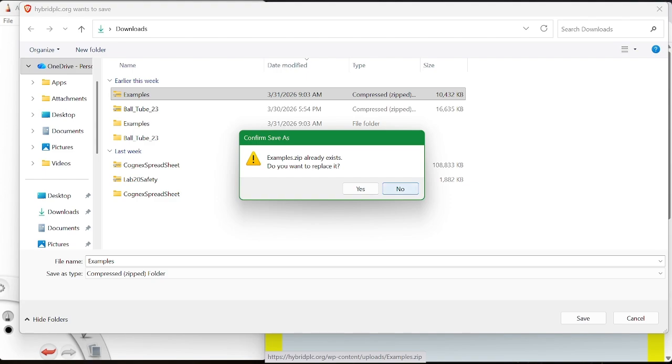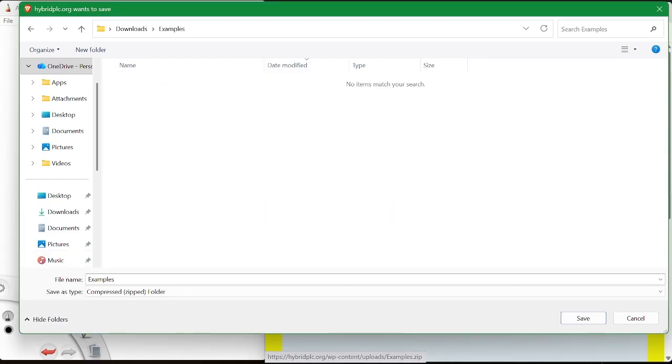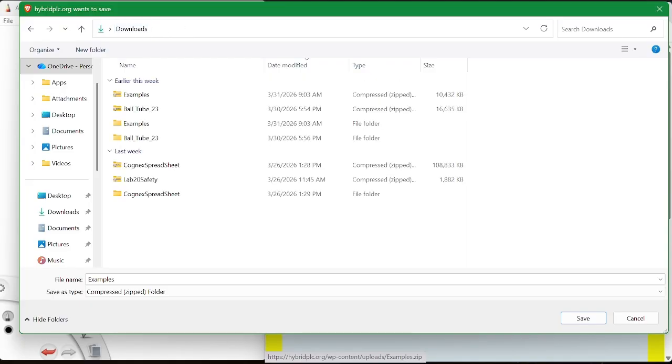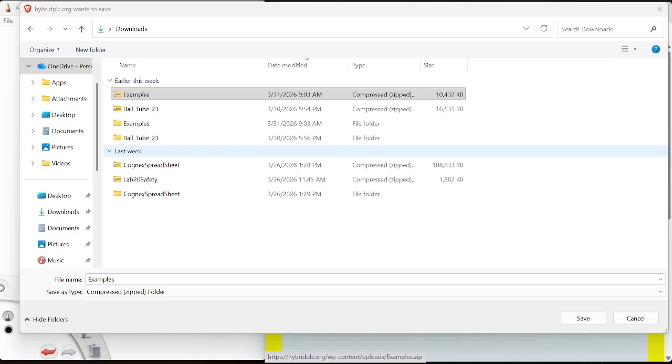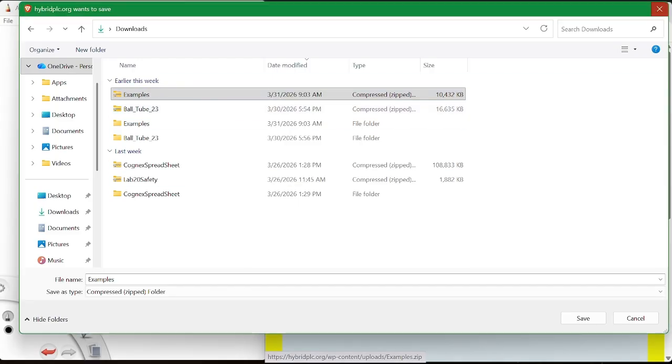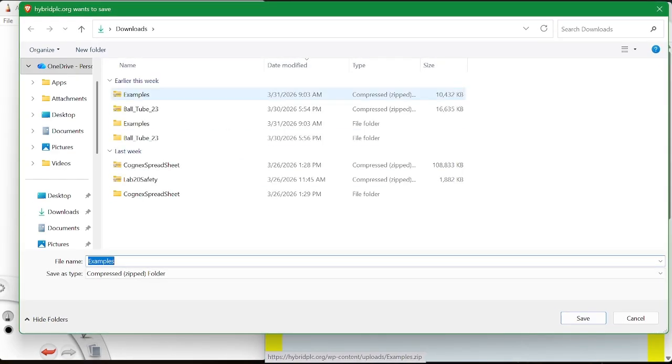Okay, now I want to go back here, and this is a downloadable. Under examples, shoot. I'm going to extract it. Well, let's do it again. I don't know what is going on, but let's just do it again. Okay, try this again. Examples.